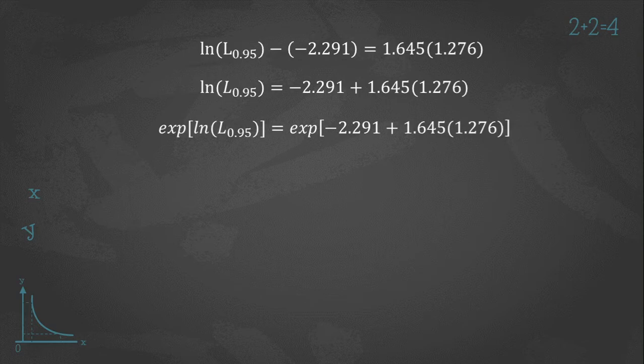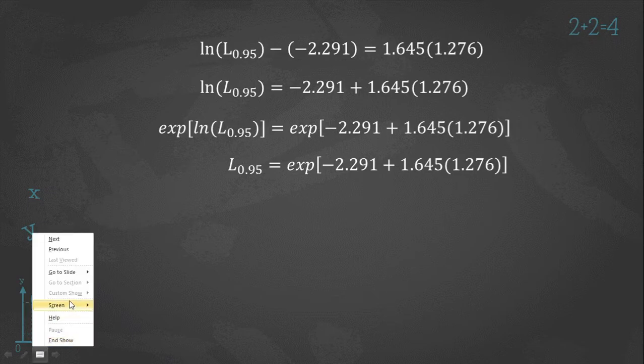Exponential of ln of L subscript 0.95 is equal to exponential of negative 2.291 plus 1.645 times 1.276. So, magiging na siyang L subscript 0.95 is equal to exponential of negative 2.291 plus 1.645 times 1.276. So, itry natin siya sa ating calculator.